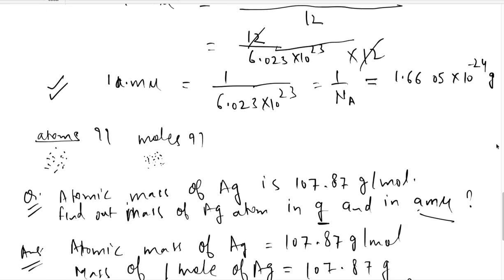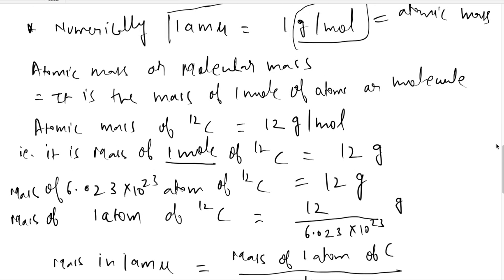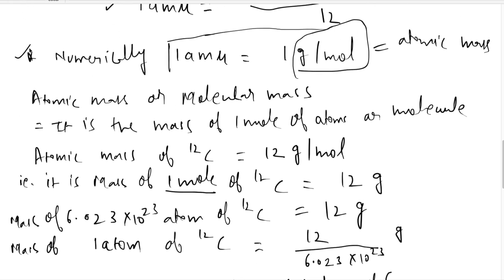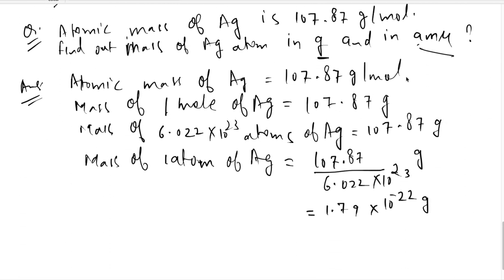There are two ways of doing it. One is a straightforward thing. I have already explained to you that numerically 1 AMU is the same as 1 gram per mole.